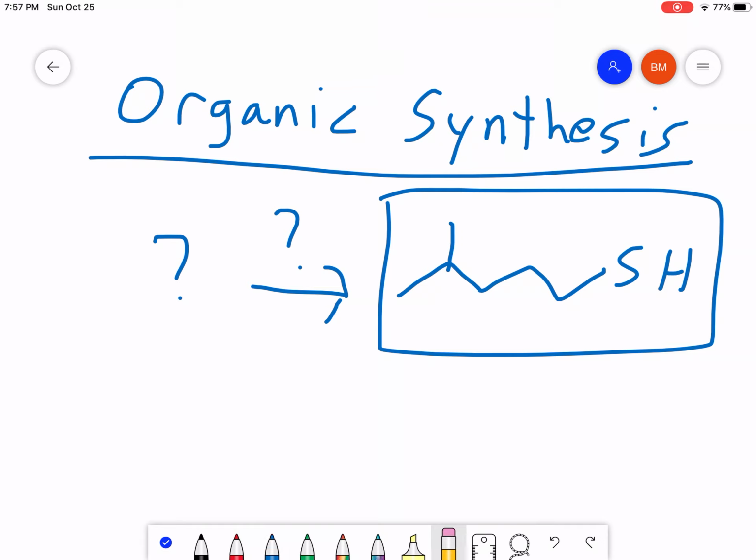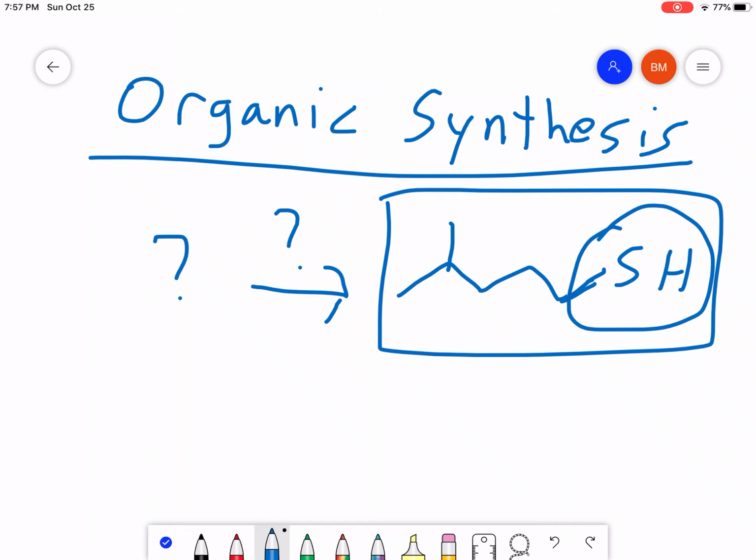If we could somehow take a compound and substitute this group onto this carbon, then we'd be in business. We could do nucleophilic substitution, all right?